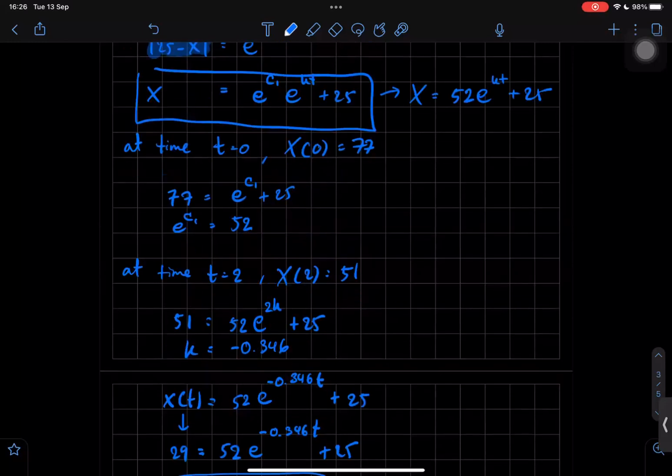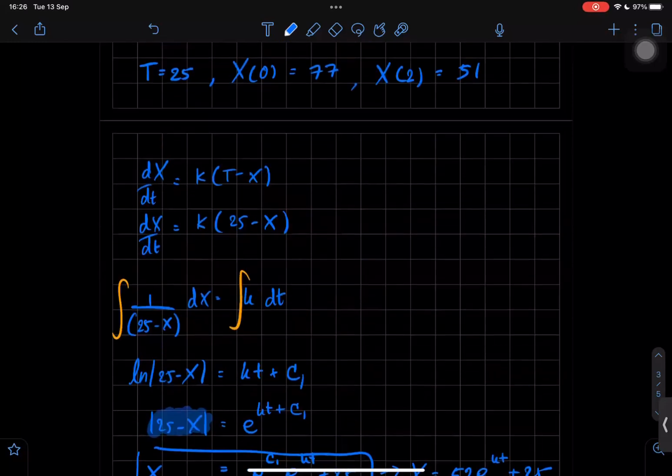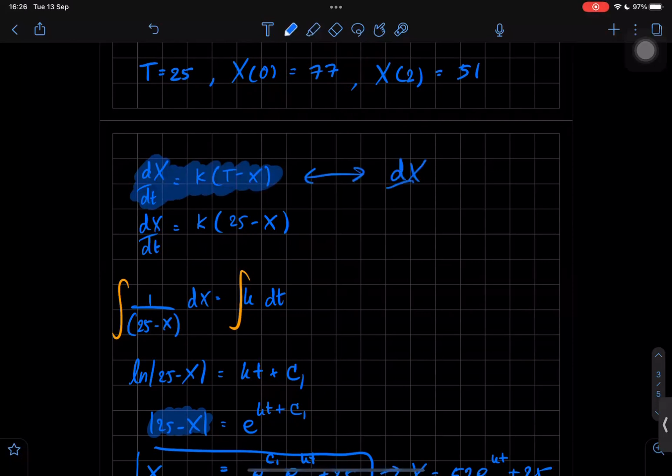Okay, I have to tell you that here you can use either of them, equal to k(x minus T). I'm not sure which one your lecturer teaches you, but it's actually the same.